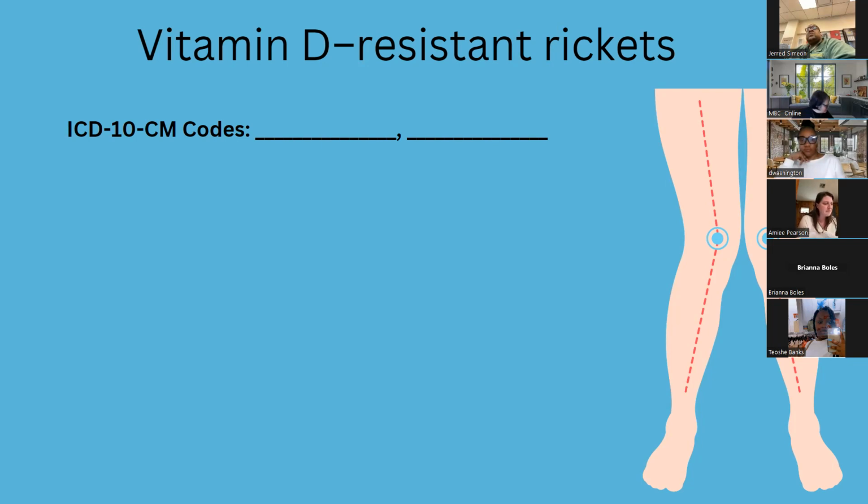Well, it does have M90.80 in parentheses. Okay, can you tell us what M90.80 is? One second, let's see why they want us to add that code.